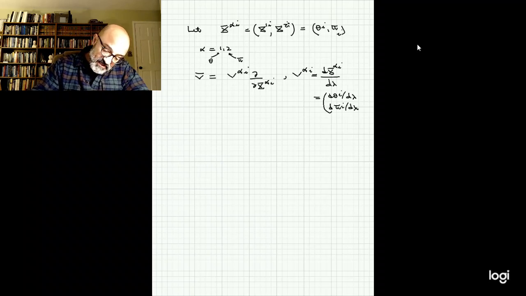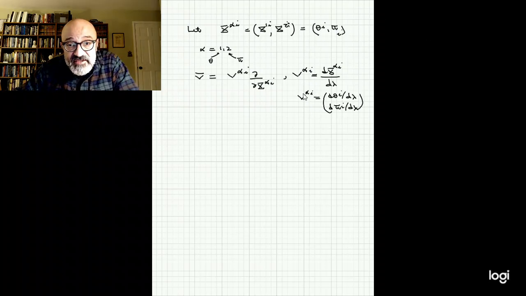It has the two values. This guy comes with two values depending on whether it's going to be theta or pi.